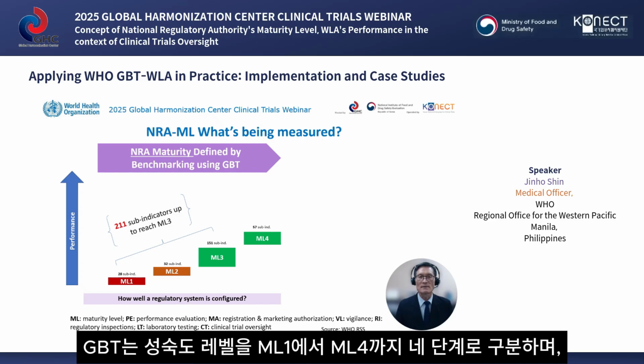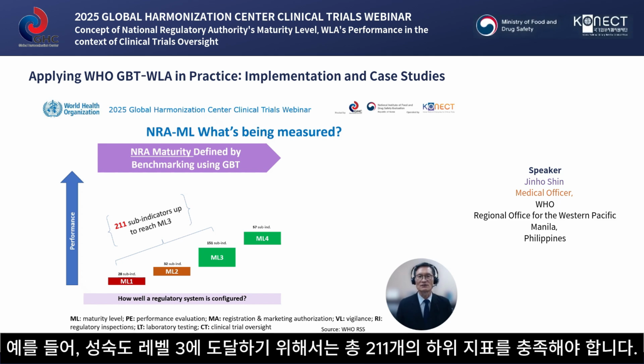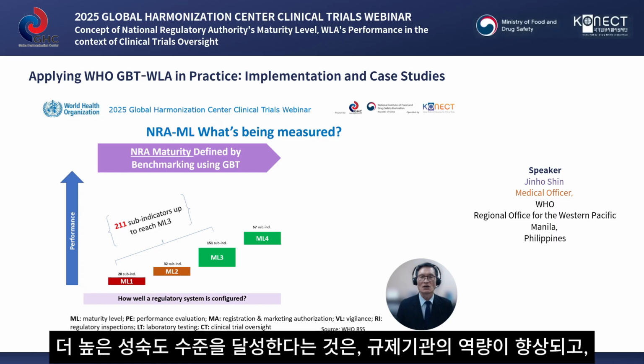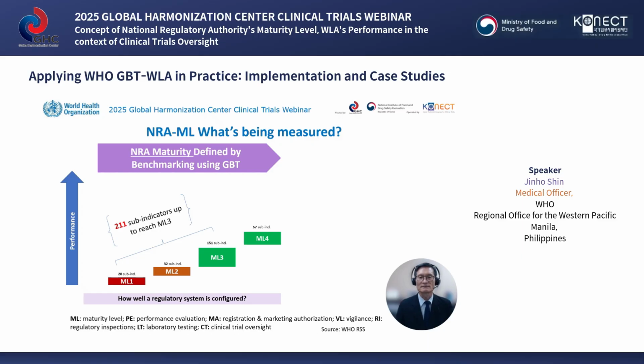There are 4 maturity levels, ML1 to ML4, each with increasing requirements and complexity. For example, to reach maturity level 3, an authority must meet 211 sub-indicators. Achieving higher maturity levels means better performance and readiness for challenges like public health emergencies.